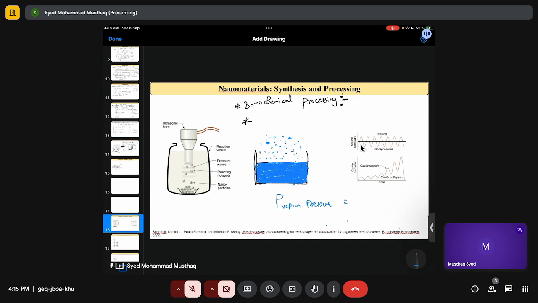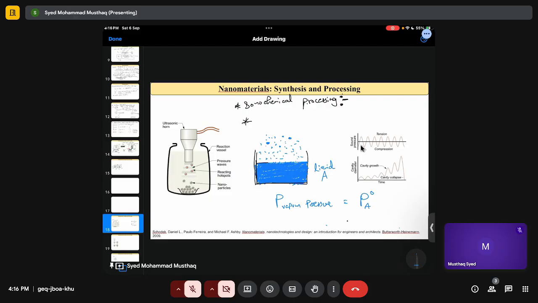This vapor pressure is given as P naught, because it is a pure liquid. So it is P naught of A, liquid A. This is called the vapor pressure of A.